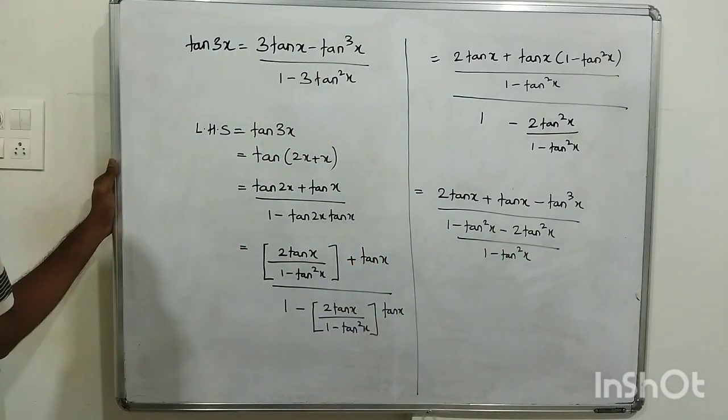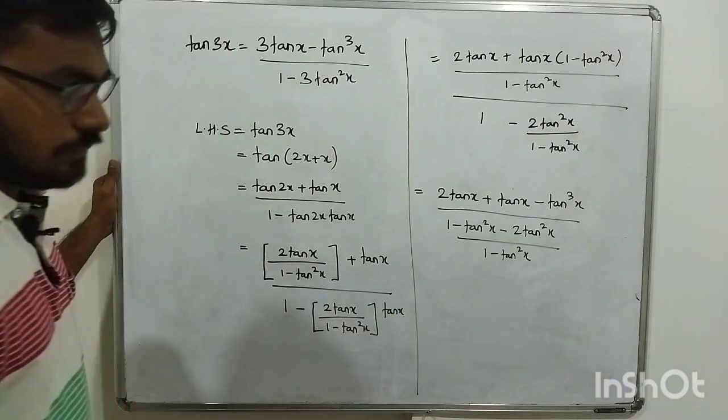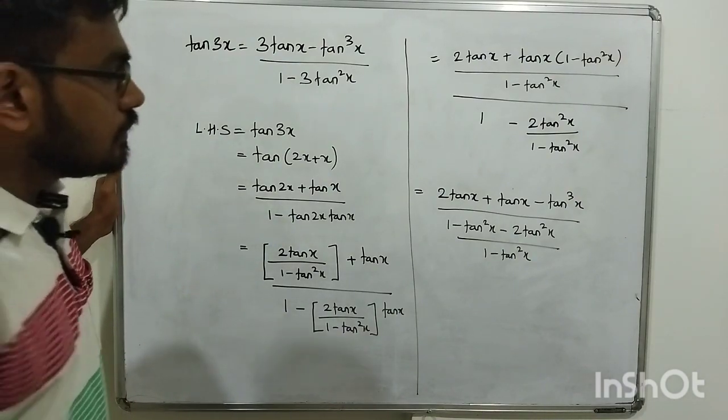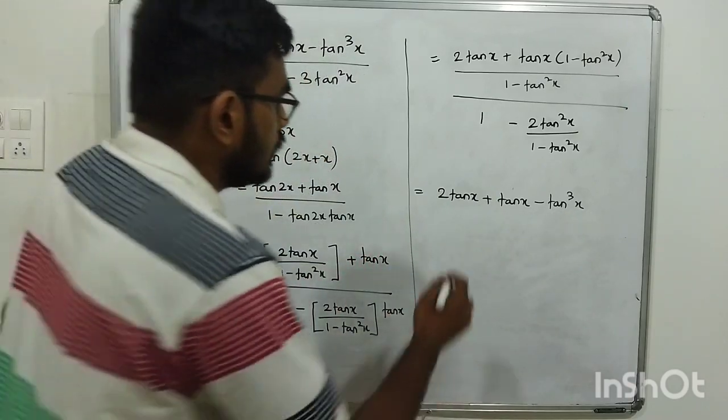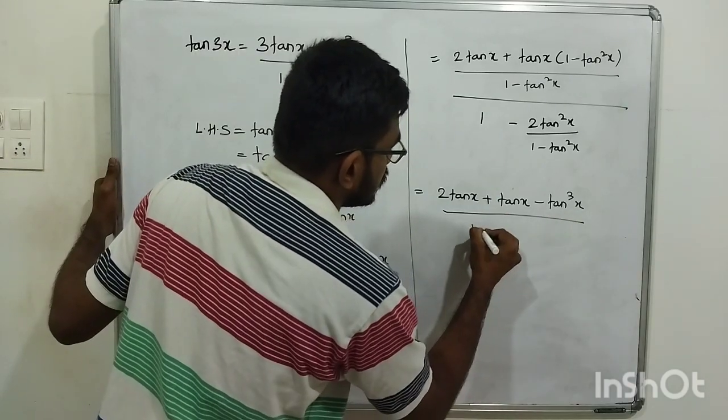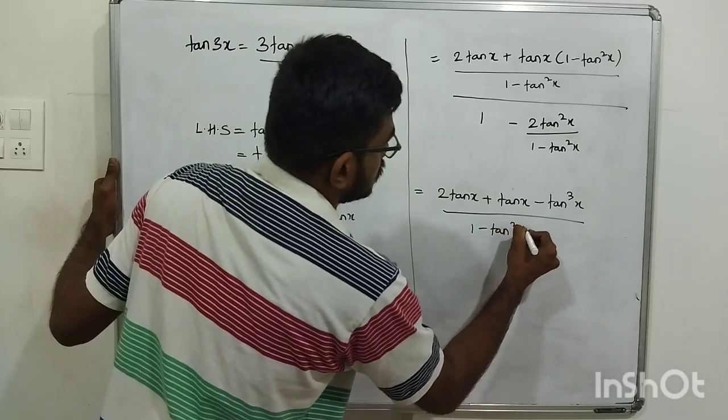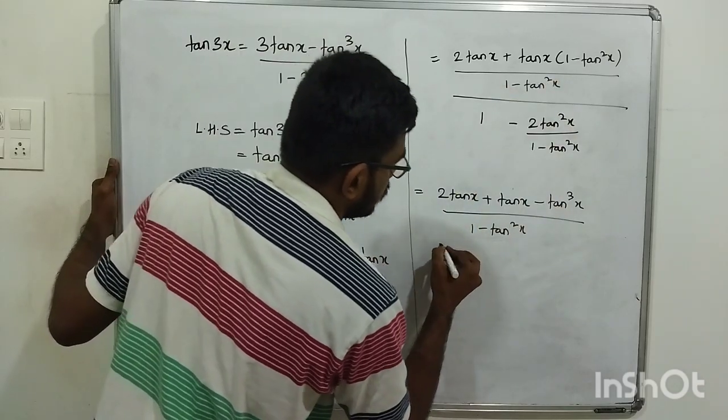Okay, so this denominator I didn't write. See, this denominator we have to write here, 1 minus tan square x. Then you have to solve this.